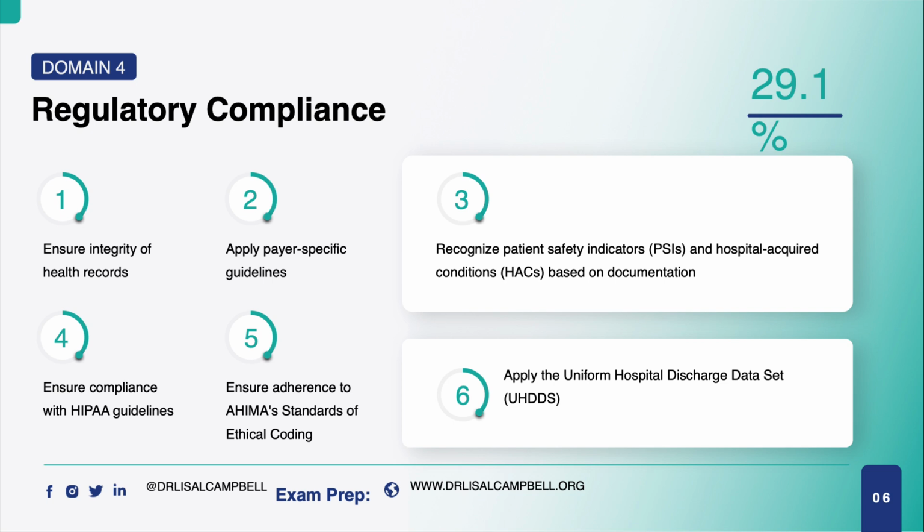Number 1, task number 6 says apply the Uniform Hospital Discharge Data Set. You probably have seen that if you've read the guidelines. You've seen the UHDDS. You've seen the word principal diagnoses, right?